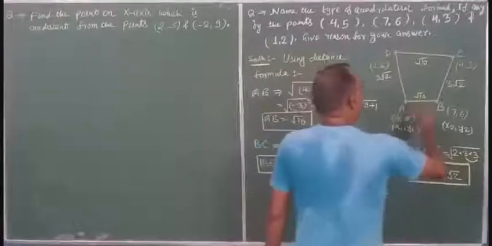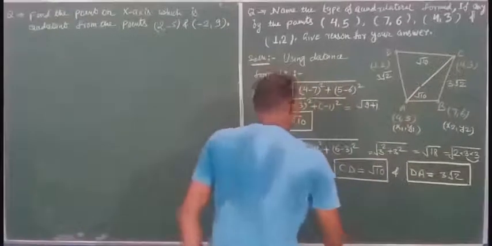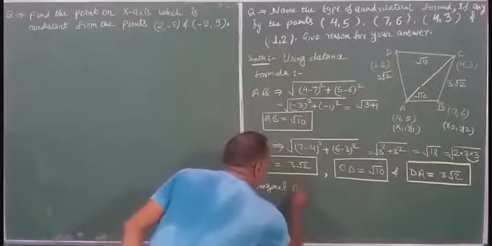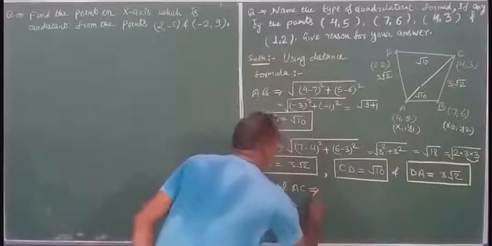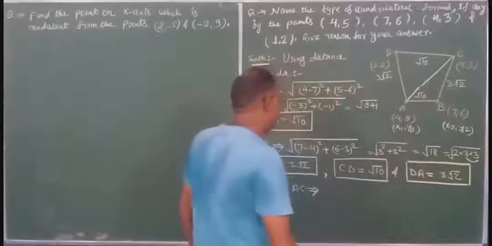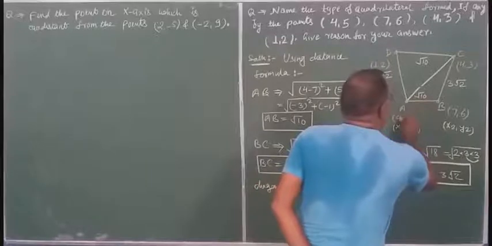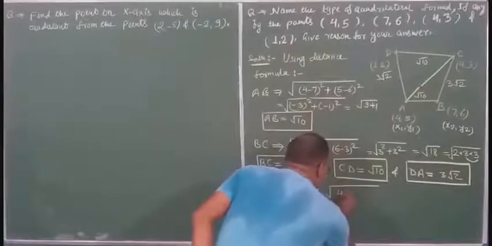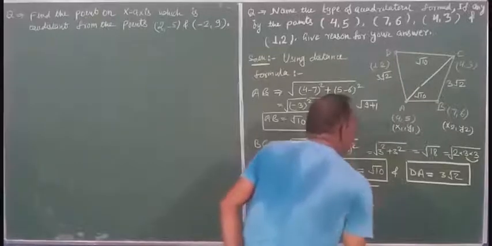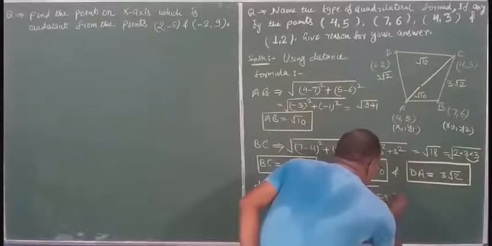Now the diagonal AC can be given by, just look here, 4 minus 4 whole square plus 5 minus 3 whole square.